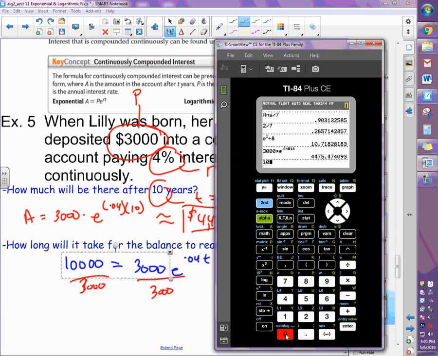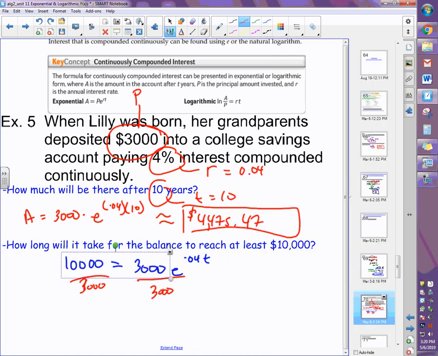So 10,000 divided by 3,000. It's about 3.333, which is equal to e to the power of 0.04 T.